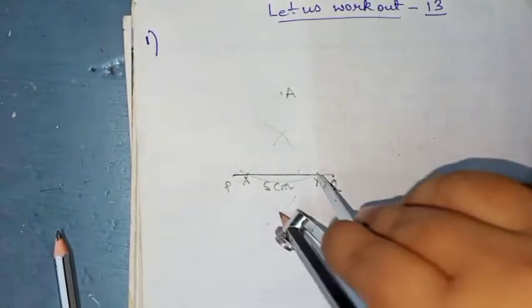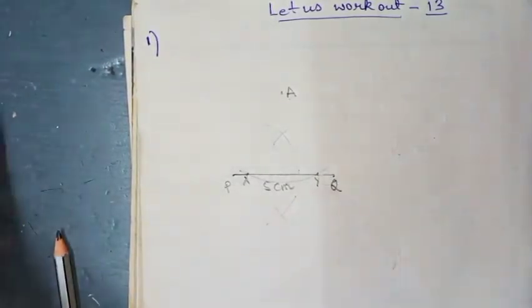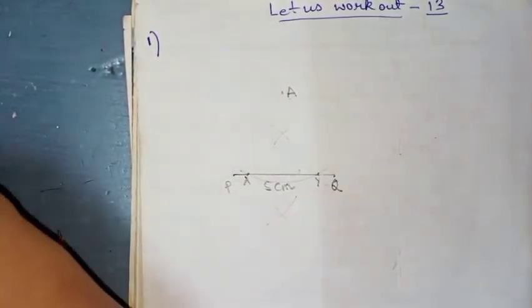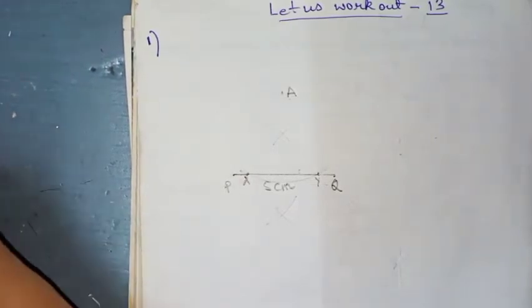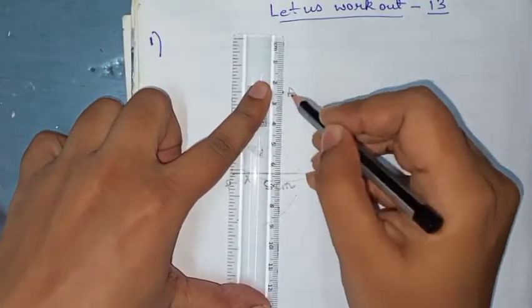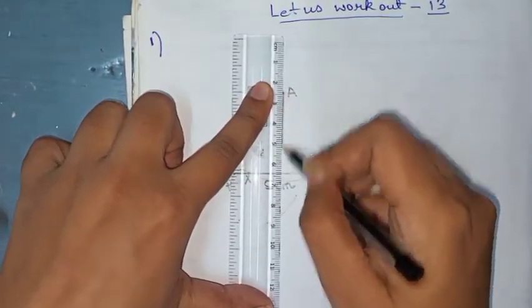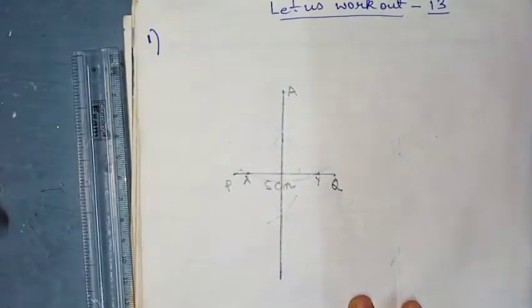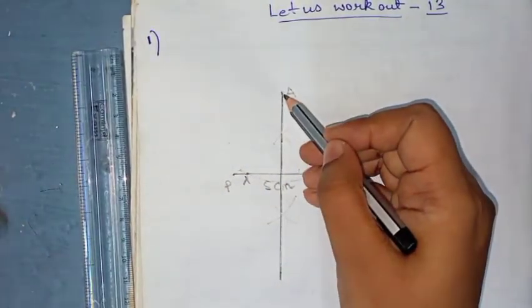Okay, what we are doing is drawing a perpendicular bisector. So this one is our perpendicular bisector, and it will go from point A.